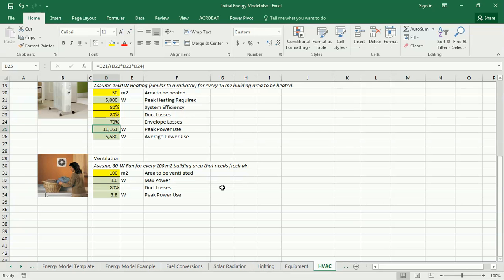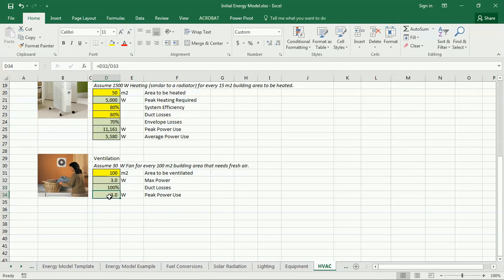It's kind of a background fan that's on most of the time in order to provide enough fresh air. And this is very common for all kinds of buildings, both commercial as well as residential, to have this. And again, if you don't have ducts, then this would be 100% efficient for the ducts.